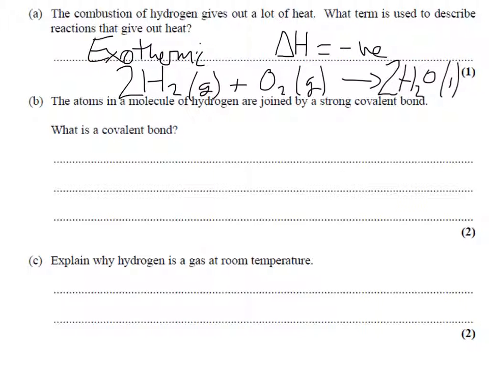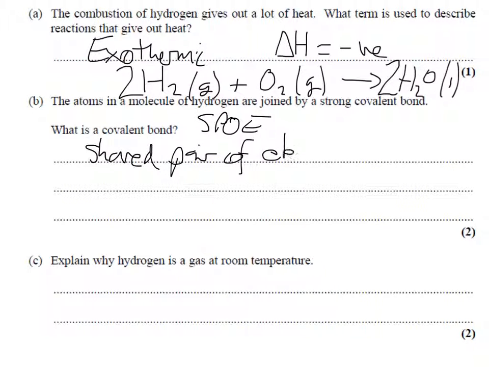Now, in a molecule of hydrogen, if we move on to part B, the atoms are joined by a strong covalent bond. What is a covalent bond? So I'm hoping you remember SPOE, which is enough to at least get you 1 out of 2 on this question. So SPOE means a shared pair of electrons.